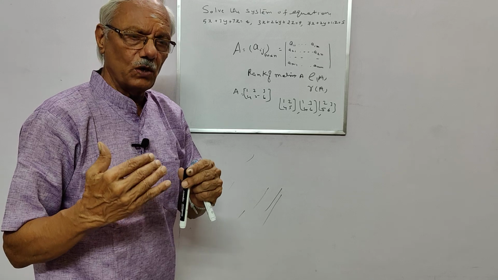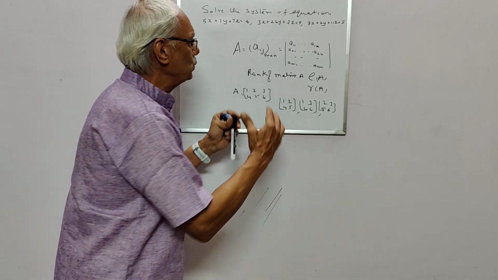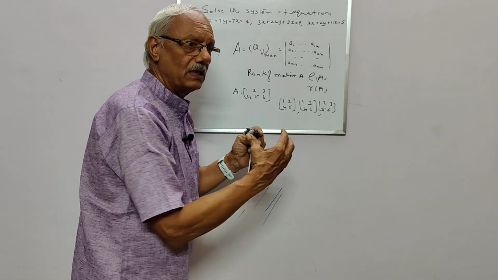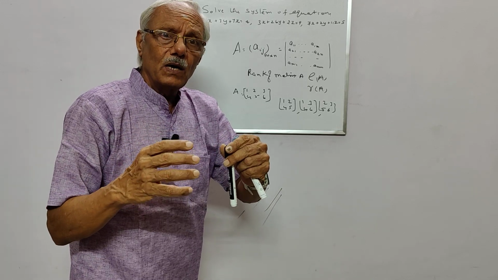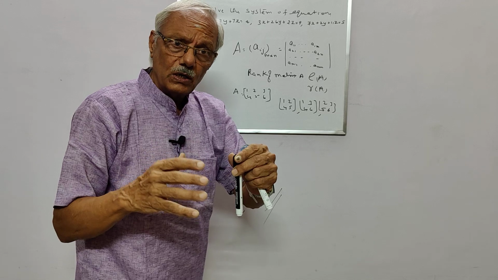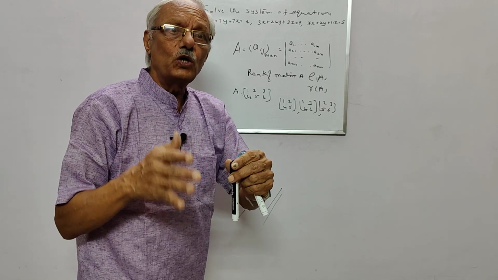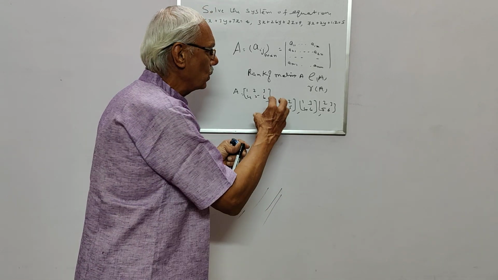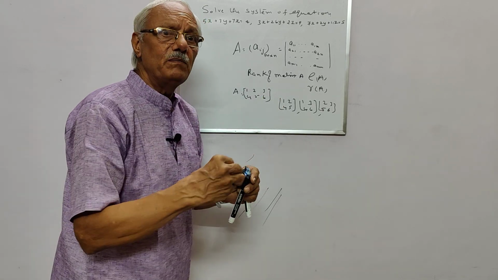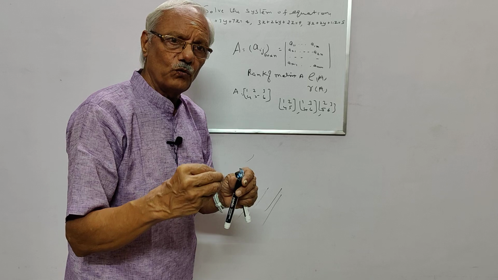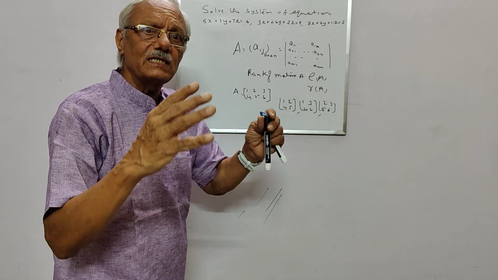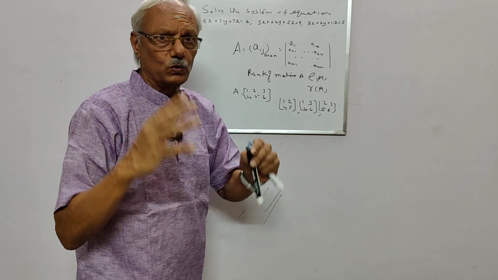What I am going to tell you now is that you collect the minors. It is not that easy to collect, but procedure-wise, you collect the minors. It may be a 2 cross 2, a 3 cross 3, or a 4 cross 4, according to the matrix that is given to you.